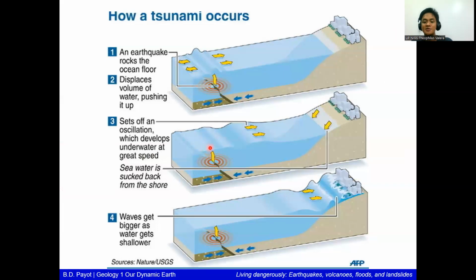And then eventually, once na parang tubig sa pool, pagbagsak na ganyan, rebound syempre yung surface waves natin, or yung water, yung waves sa dagat, and eventually it rebounds papunta sa surface, papunta sa coastline, and yun yung nakikita natin na tsunami.